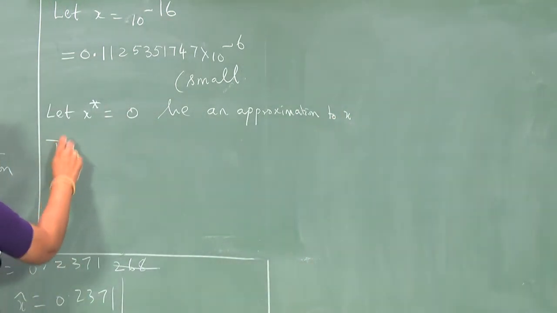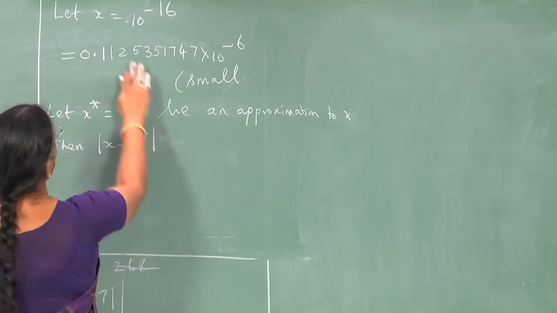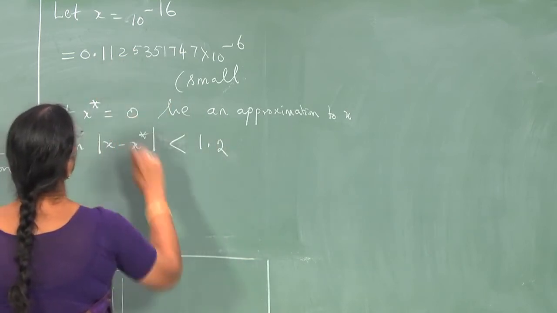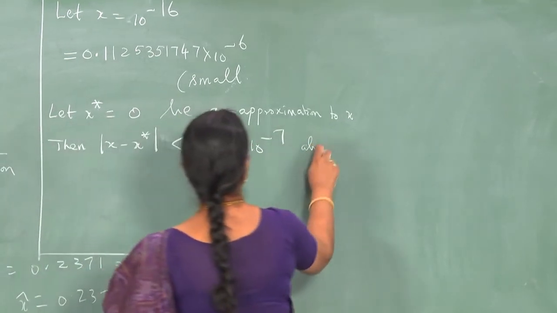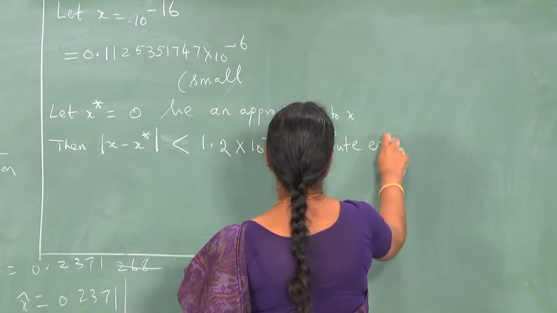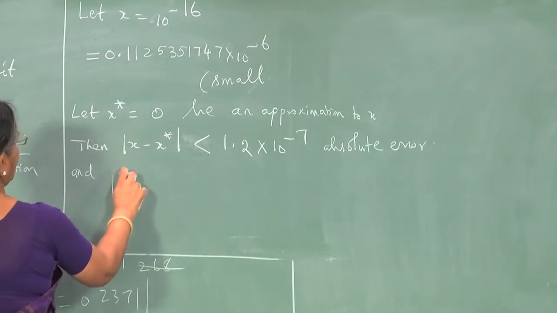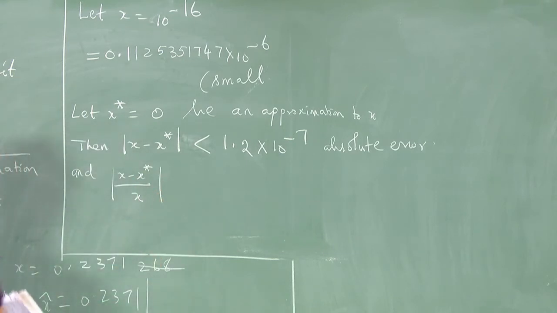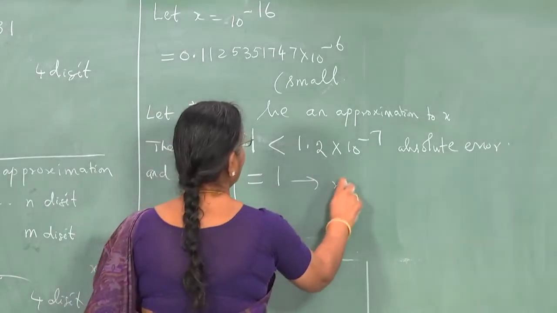The absolute error in this case, x minus x star, is going to be this minus 0, which is less than 1.2 into 10 to the minus 7. So, that is the absolute error. On the other hand, if I compute x minus x star by x, then it is nothing but 1. So, this is the relative error.